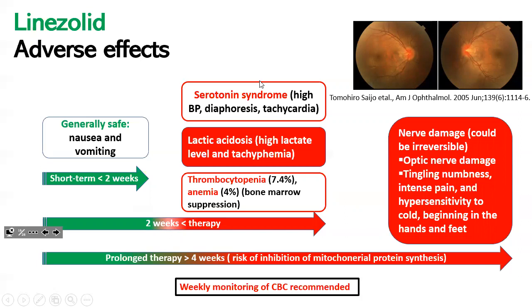That's because linezolid blocks the MAO. It's one of the monoamine oxidase inhibitors. So it will inhibit the enzyme that destroys many of the neurotransmitters like serotonin and dopamine. So their level will go high.